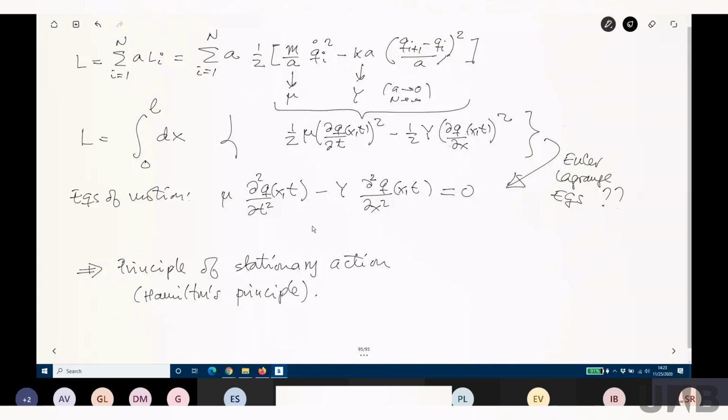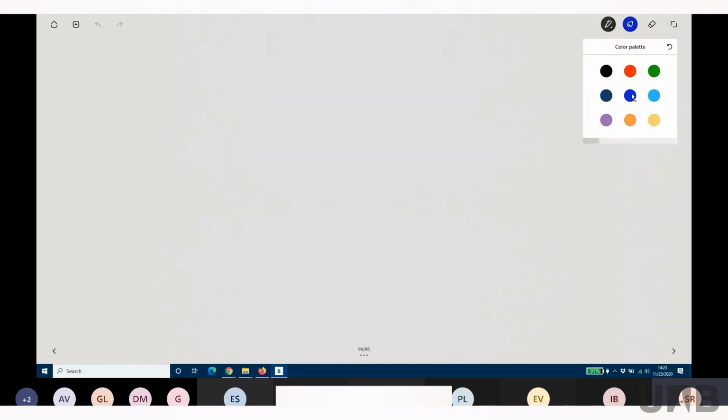So we want to repeat now, in terms of these functions q of x and t, so-called fields, something that is going to be very similar to the principle of a stationary action that was the guiding principle that would lead us from the action to the equations of motion, right? So let's start doing that.